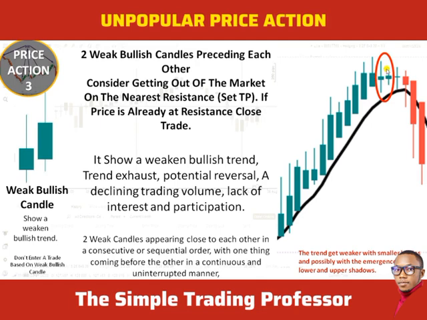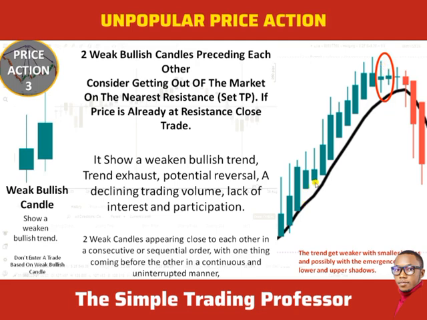What do you do? You want to exit the market when you see two weak candles appearing close to each other in consecutive order, with one coming after the other in a continuous way, not interrupted by another candle in between.